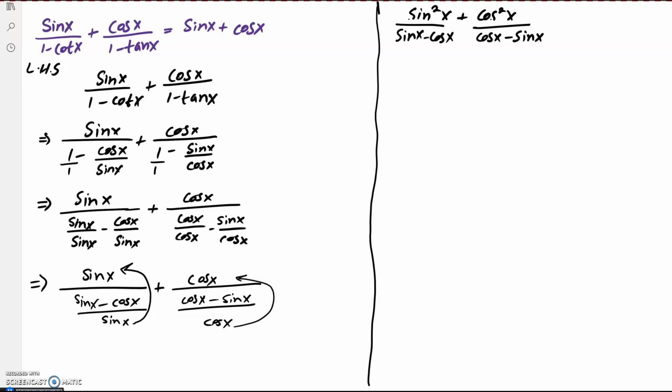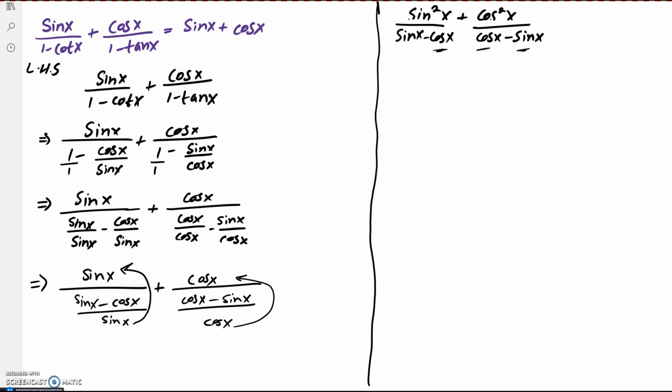Alright, now we have two fractions again, but you can see that the terms are almost the same, only the sign is different. Here we have sine positive, here we have sine negative, here we have cos negative, and here we have cos positive.